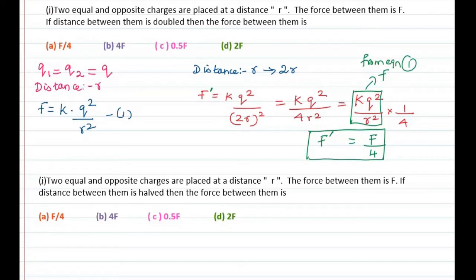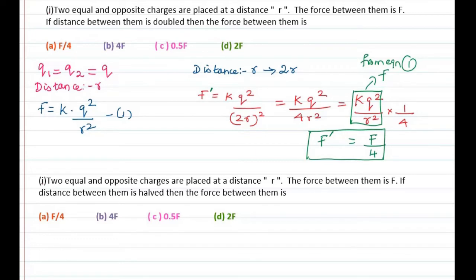So what you have done is, they are given two equal and opposite charges, so Q1 equal to Q2 equal to Q, and the distance is r. Substitute in Coulomb's formula, F is equal to k into Q1 into Q2 divided by r square. Q1 Q2 both are equal, so you can write it as Q square divided by r square. Next, when the distance is doubled, let the force be F dash.